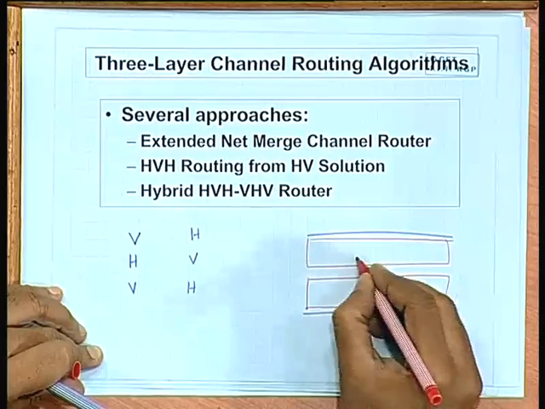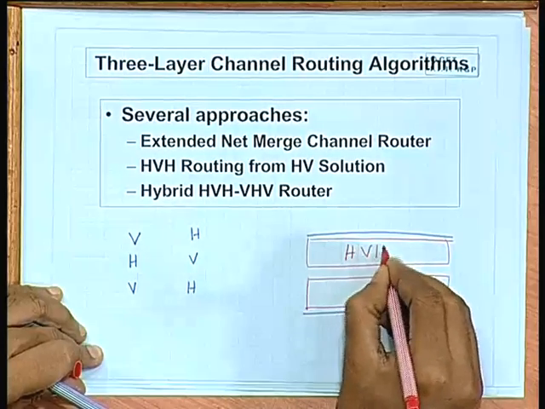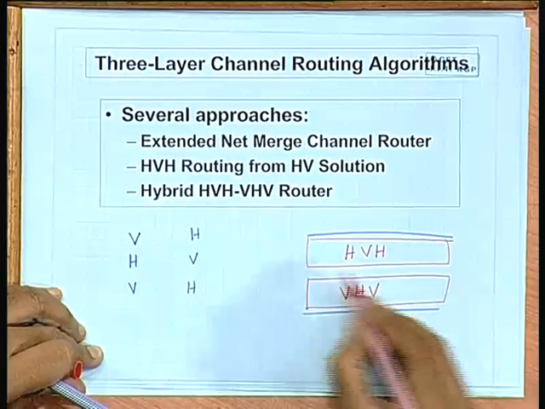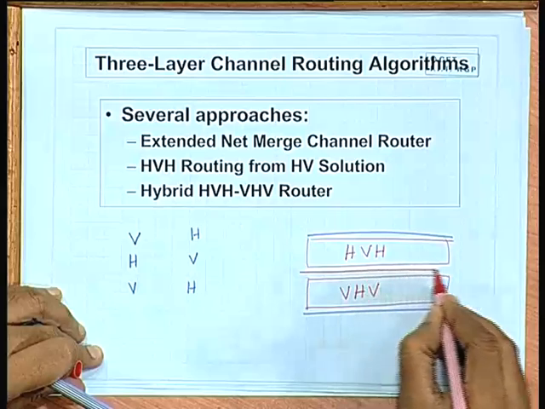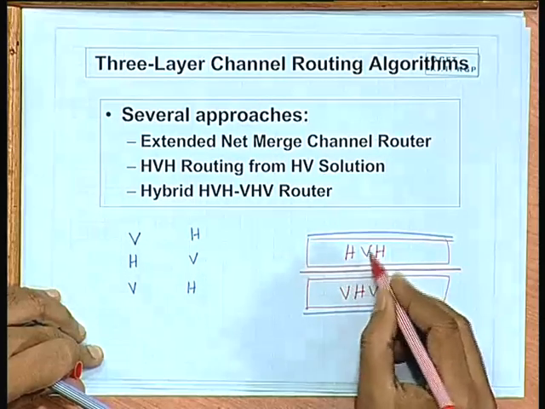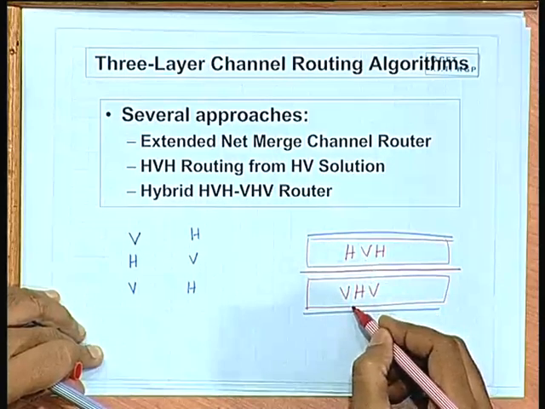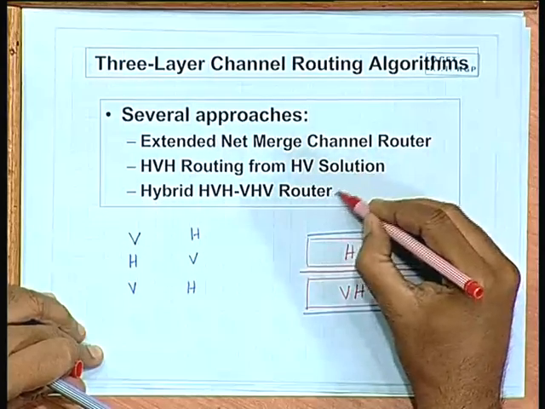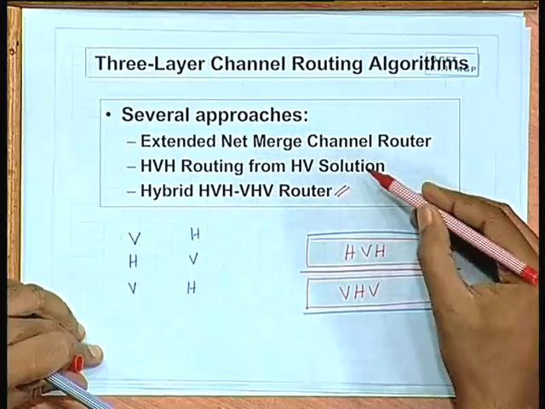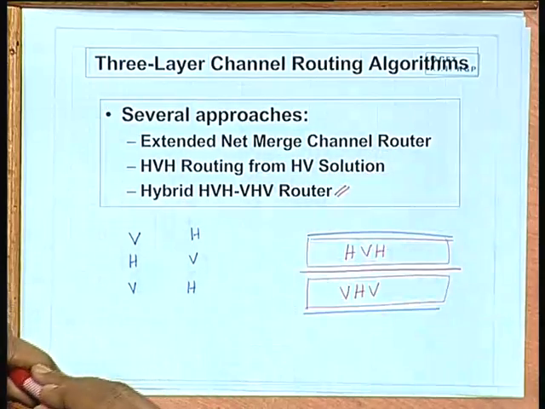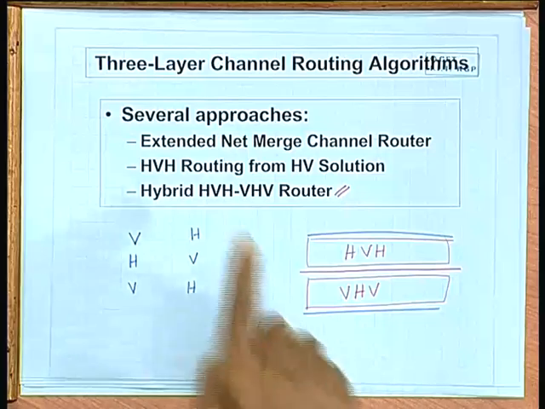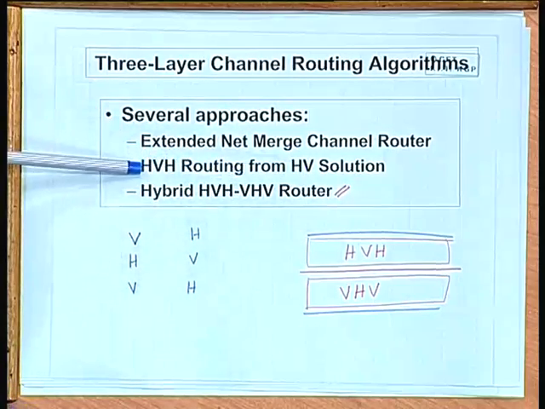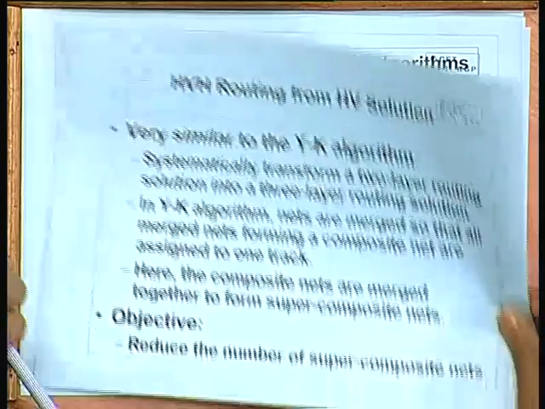The top region of the channel uses HVH routing, the bottom region uses VHV routing, and there is one track in between which is used to connect between the top zone and the bottom zone. There is some work which has been reported on this also. It has been found that the number of tracks you require is less as compared to the others in general. So, let us look at this second method to start with a 2-layer solution to arrive at a 3-layer solution.